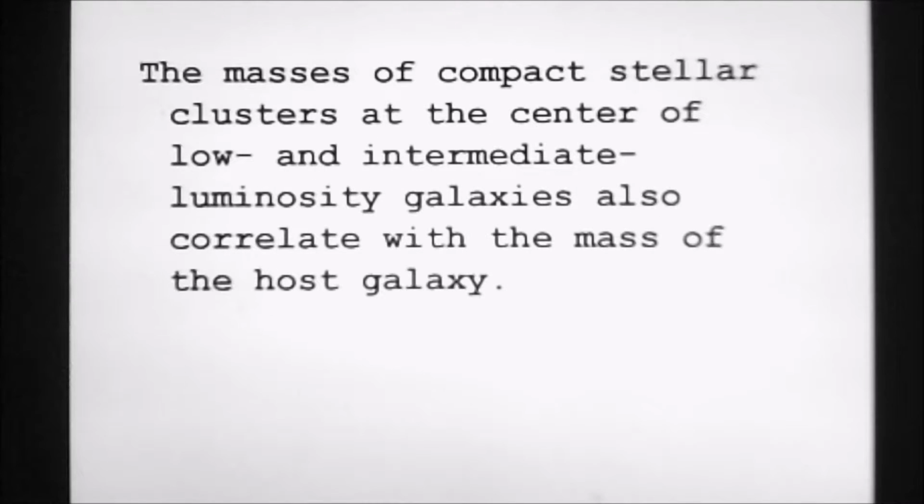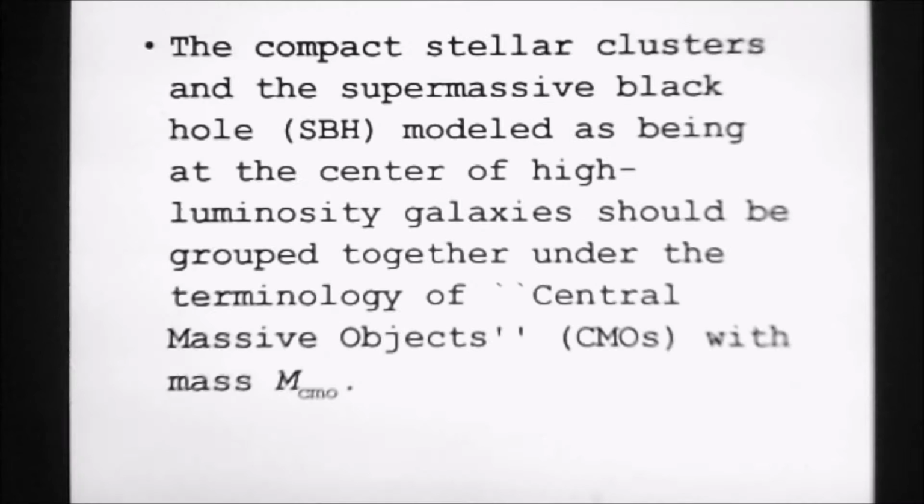The masses of compact stellar clusters at the center of low and intermediate luminosity galaxies also correlate with the mass of the host galaxy. The compact stellar clusters and the supermassive black hole modeled as being at the center of high luminosity galaxies should be grouped together under the terminology of central massive objects, CMOs, with mass M_CMO.